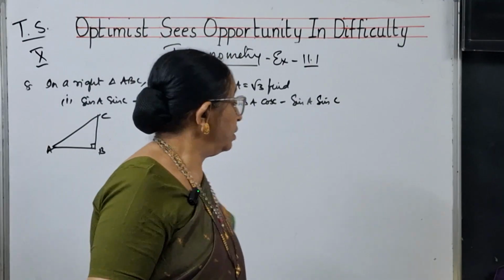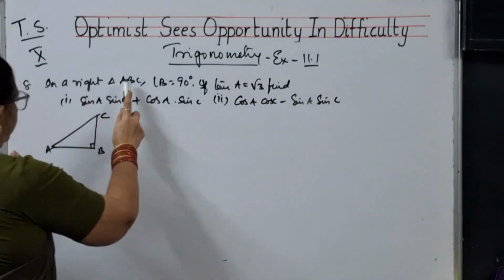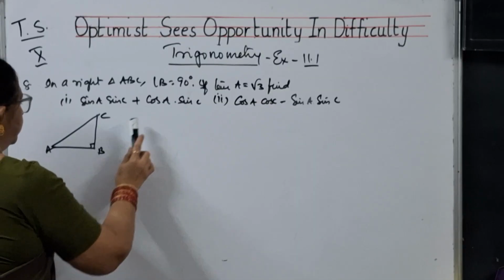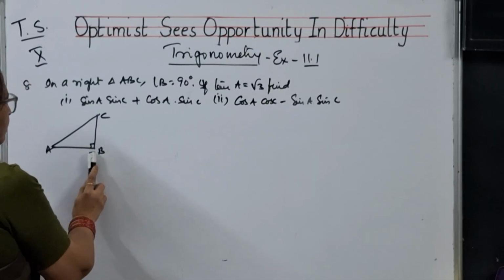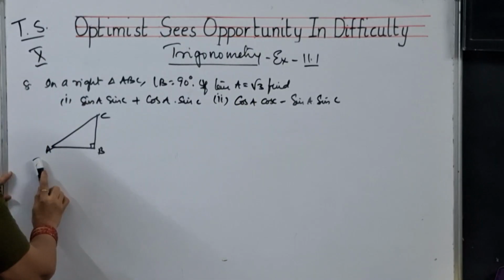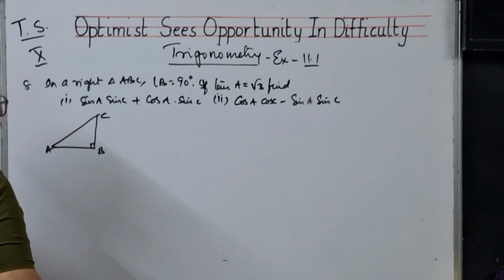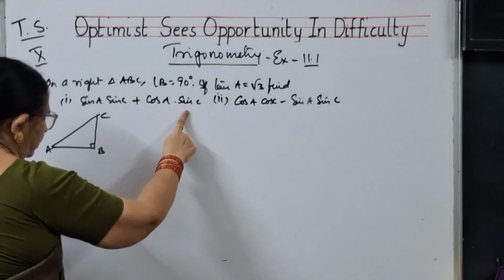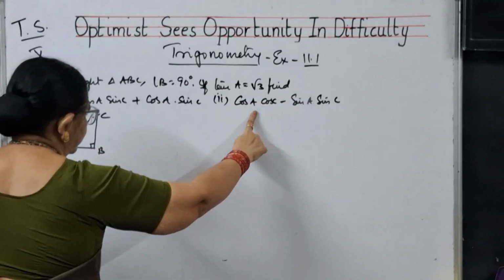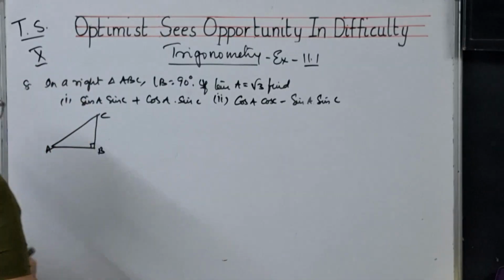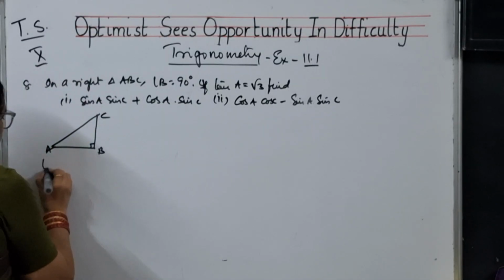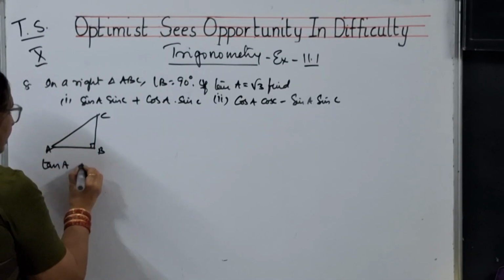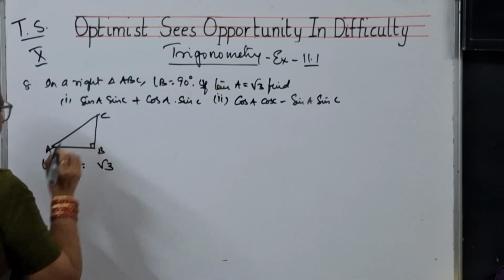Now children, 8th problem. In a triangle ABC, angle B is 90 degrees and they have given tan A as root 3. Find sin A into cos C plus cos A into sin C, and second bit, cos A into cos C minus sin A into sin C. Tan A is root 3 they have given.